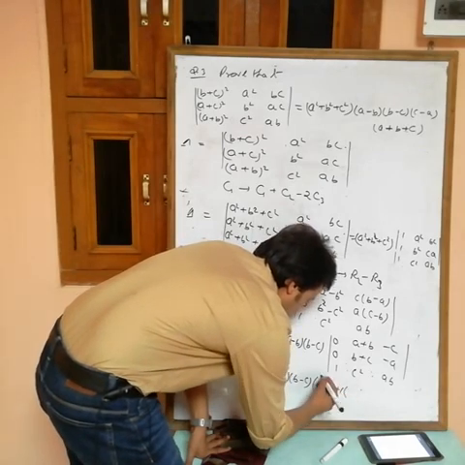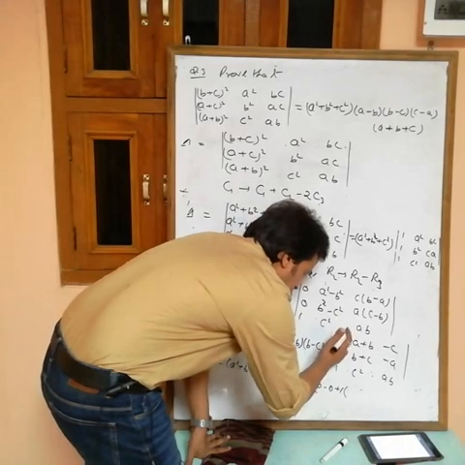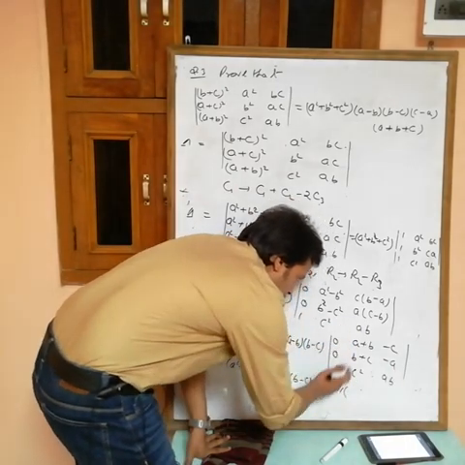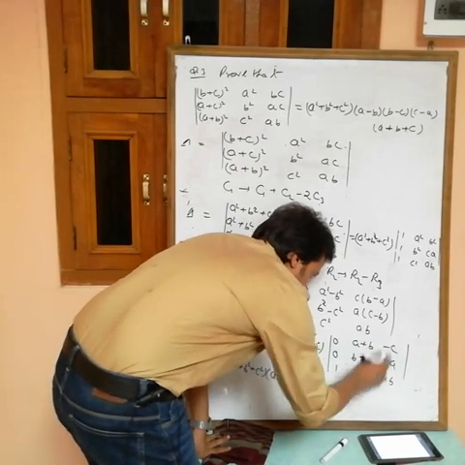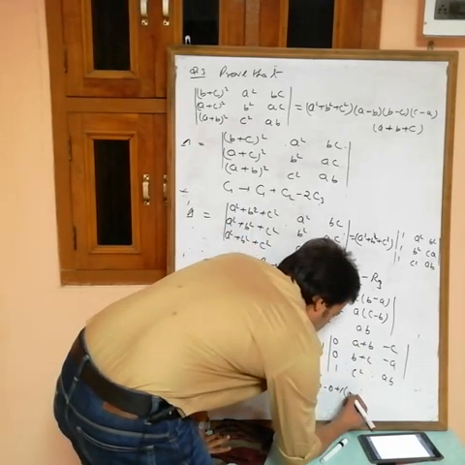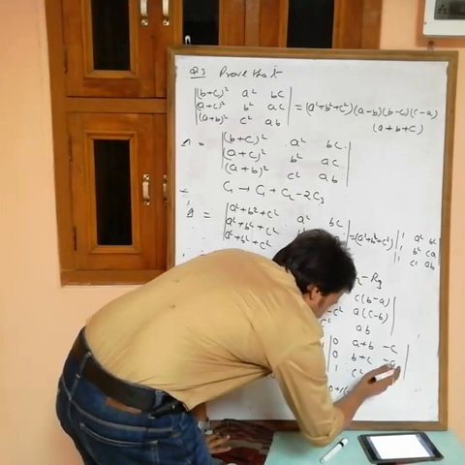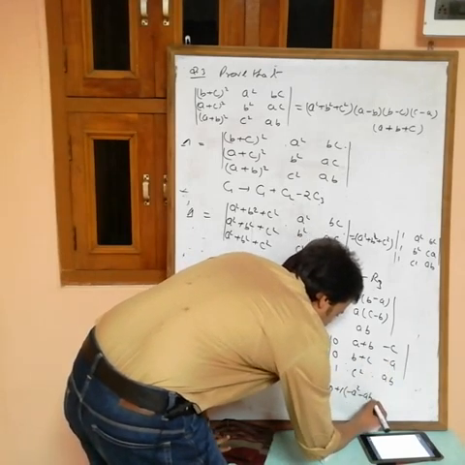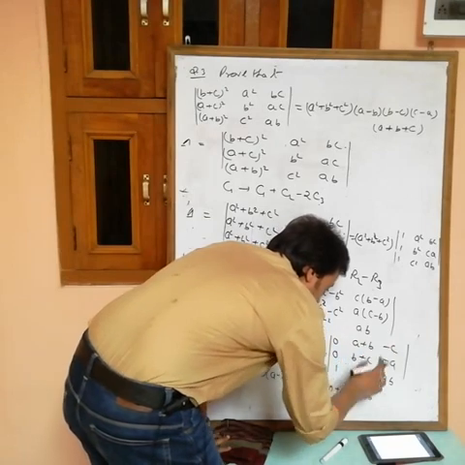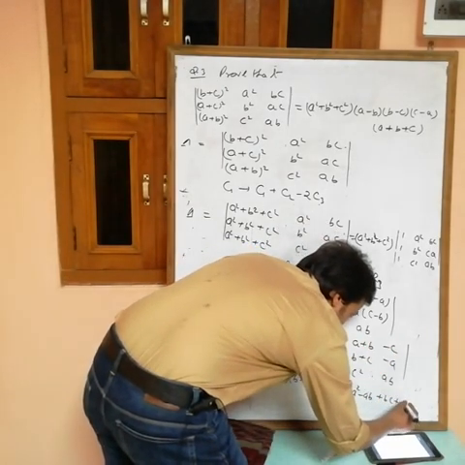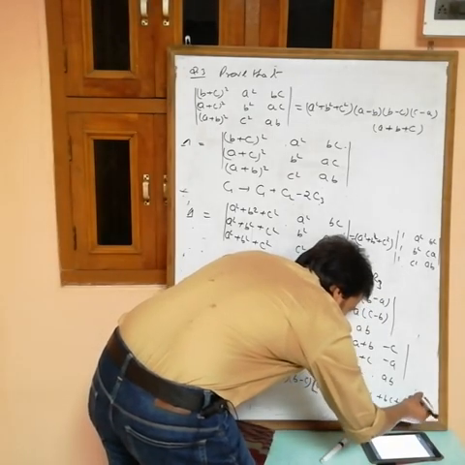Now 1 multiplied with its cofactor. I am deciding sign, so minor: hide the corresponding row and column. This one into this one minus this one into this one. So this one into this one is minus a square and minus ab, and minus this one into this one, so minus minus becomes plus, bc plus c square.